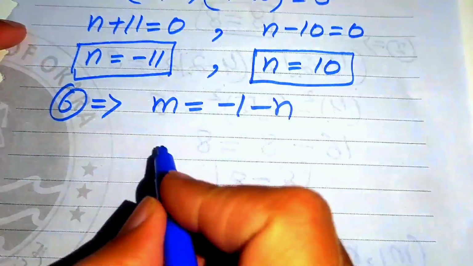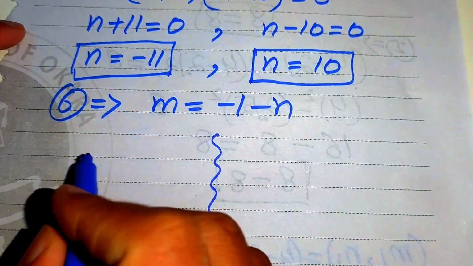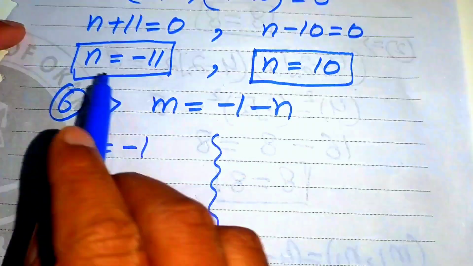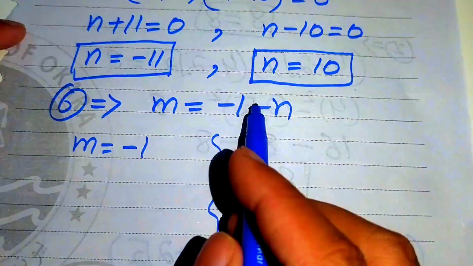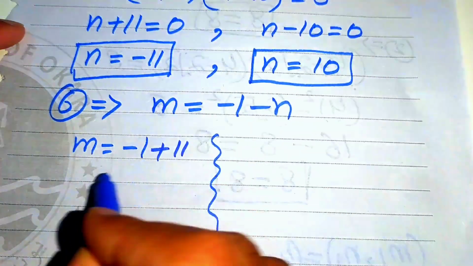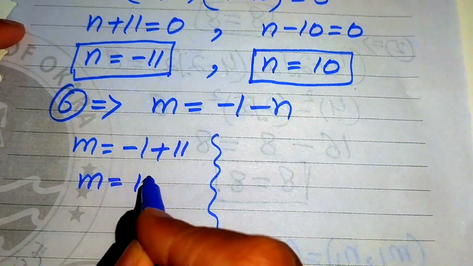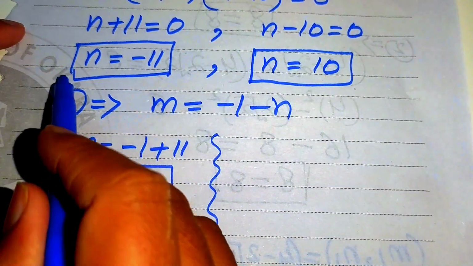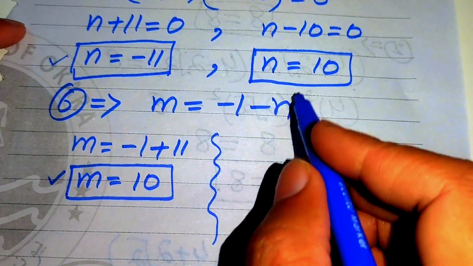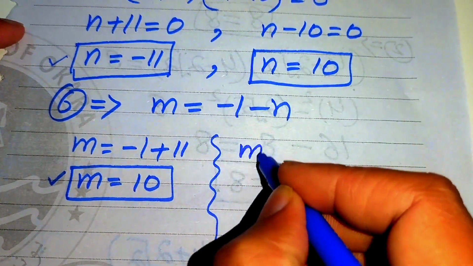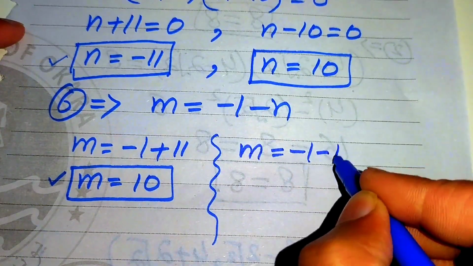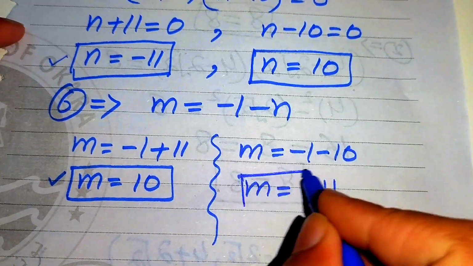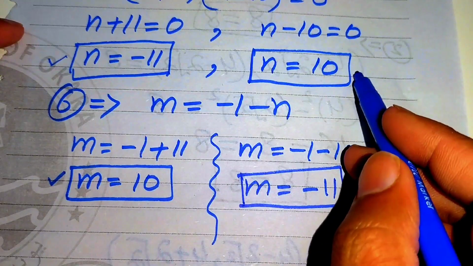We substitute these two values here and we get m equals minus 1 minus n, and the value of n is minus 11. So this minus and minus becomes plus 11 and we get the value of m equals 10. So this is the value of m when n is minus 11. Now we put the value of n as 10 here and we get m equals minus 1 minus 10, so m equals minus 11. So this is the value of m when n is 10.